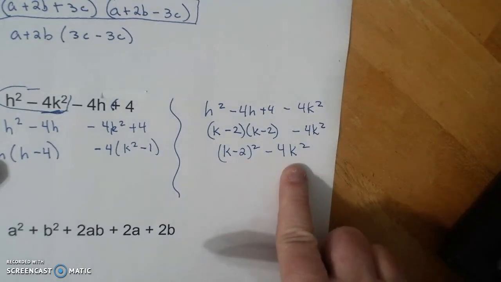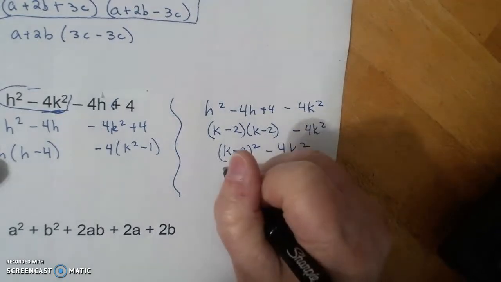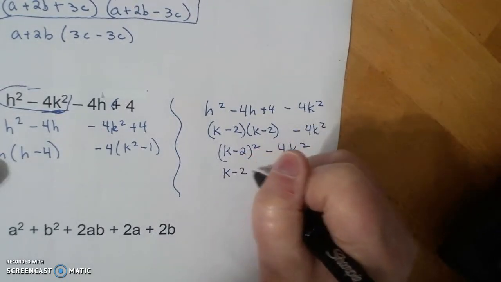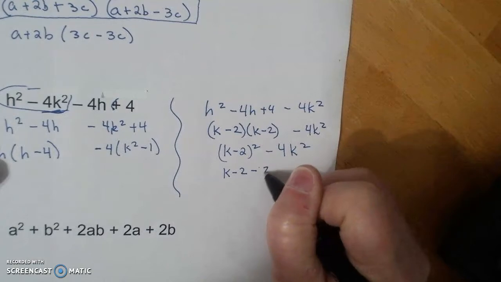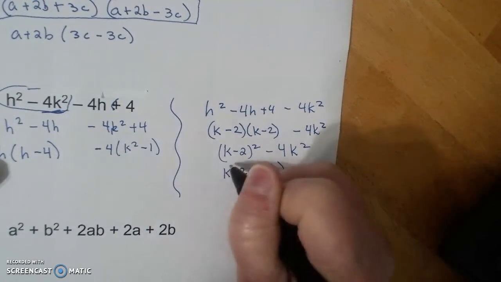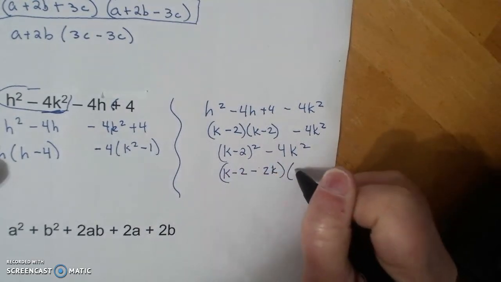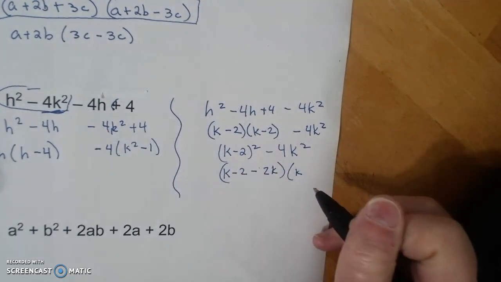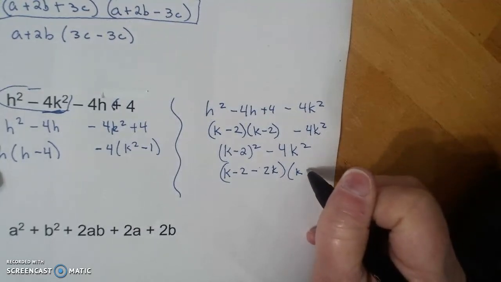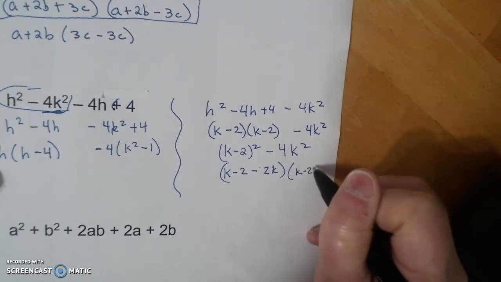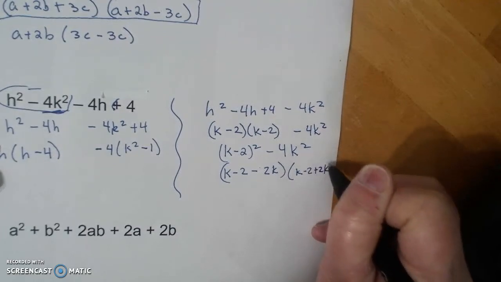This is a difference of two squares, so this is h minus 2 minus 2k times h minus 2 plus 2k.